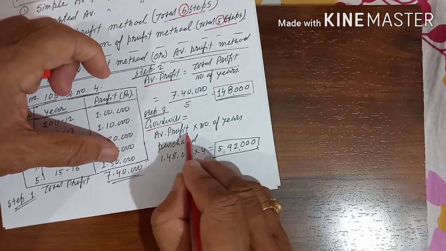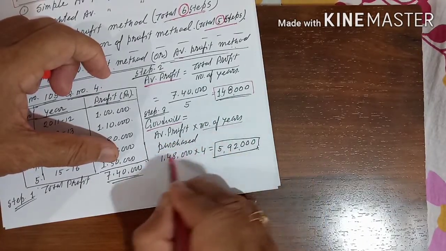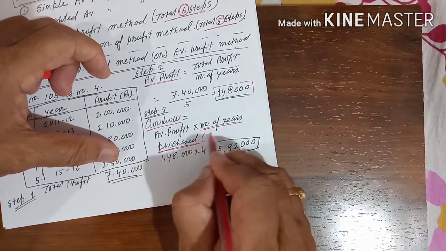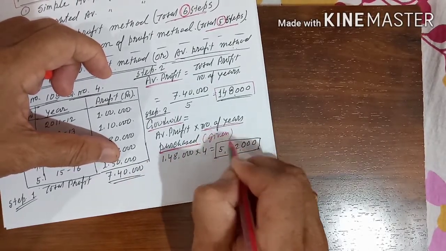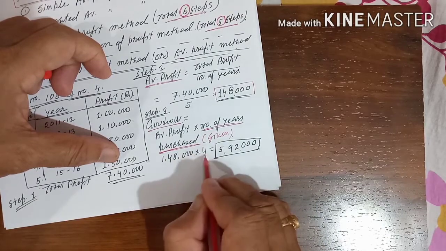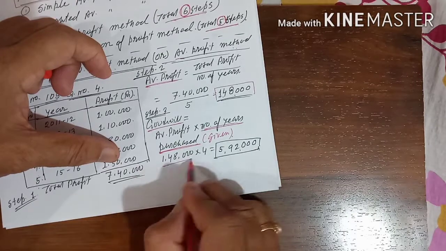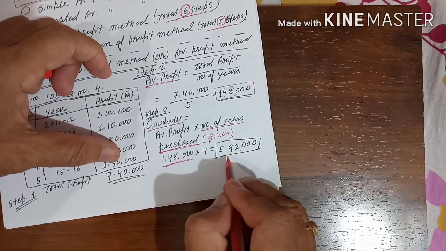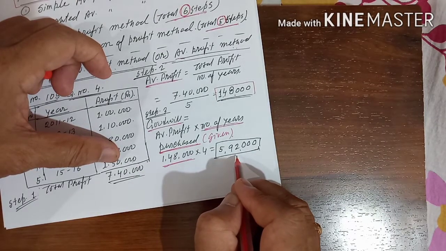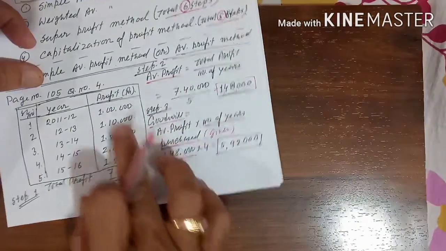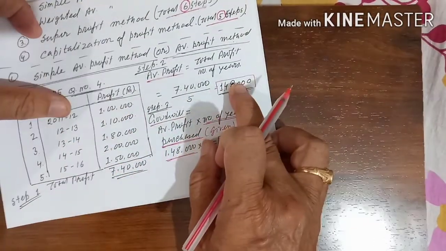So average profit into number of years' purchase. The number of years' purchase will be given in the question, so no need to do anything; you only have to multiply this number with your average profit. So 1,48,000 into 4, which is 5,92,000. This is a very simple sum. Add the profit, find out the average profit and find out the goodwill.